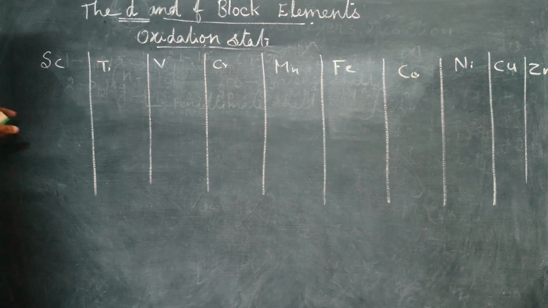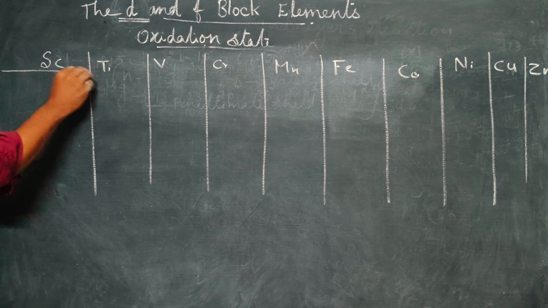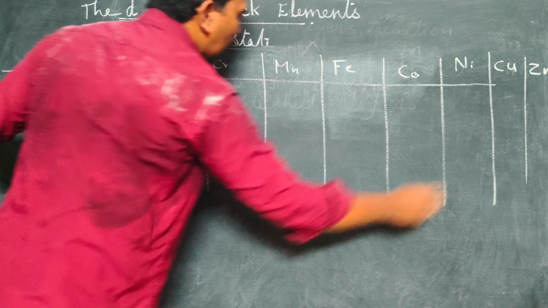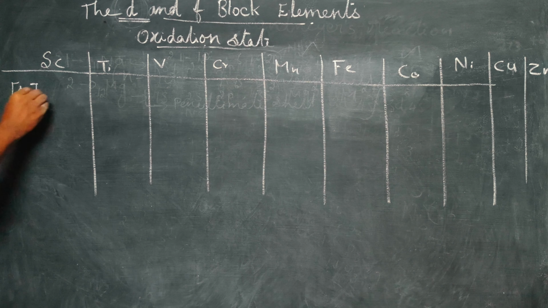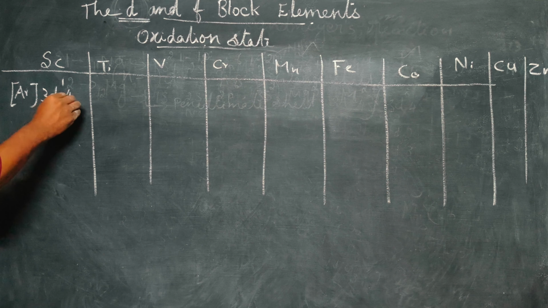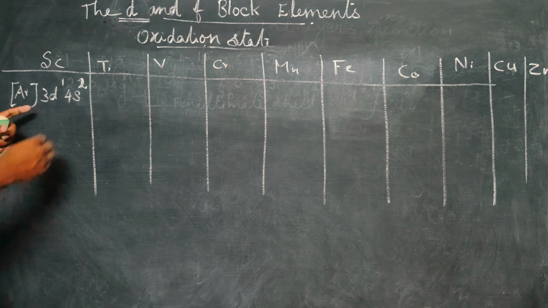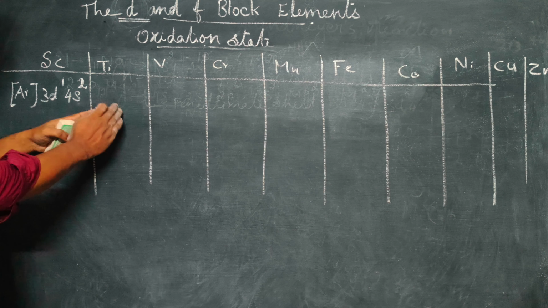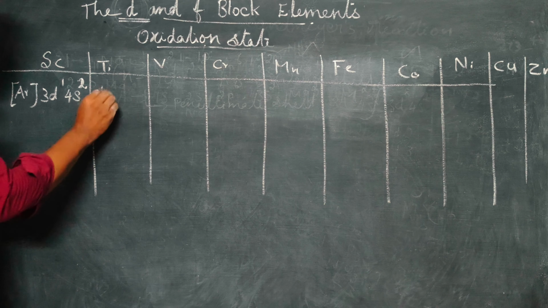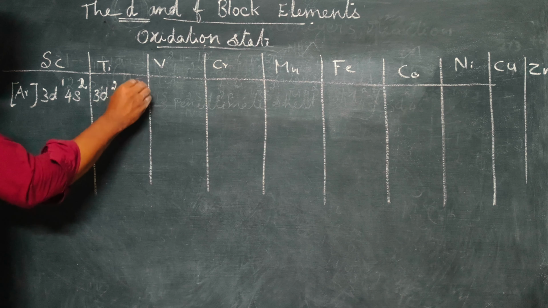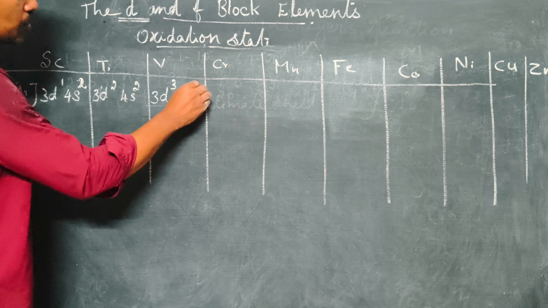Listen, I am going to write the electronic configurations, only the d orbital and s orbital. Scandium: argon 3d1, 4s2. Titanium: 3d2, 4s2. Vanadium: 3d3, 4s2.